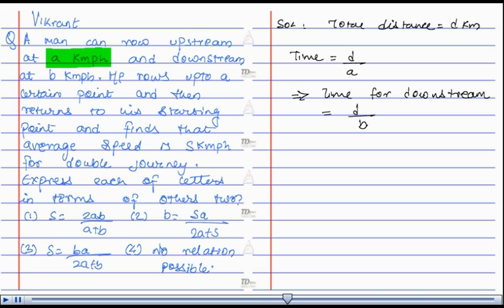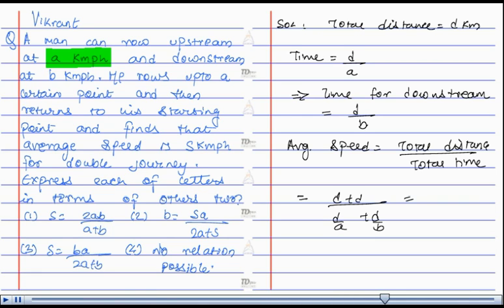So we can say that average speed is equal to total distance upon total time. So that turns out to be d plus d, that is the total distance, upon total time, that is d by a plus d by b, that is 2d upon (db plus da) multiplied by a into b.